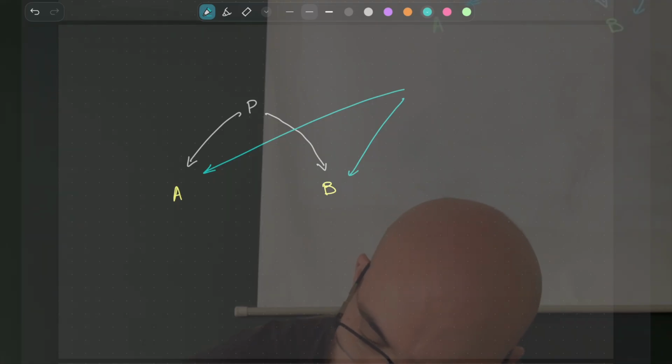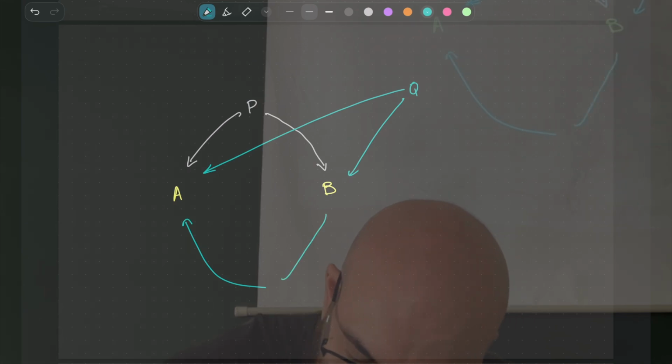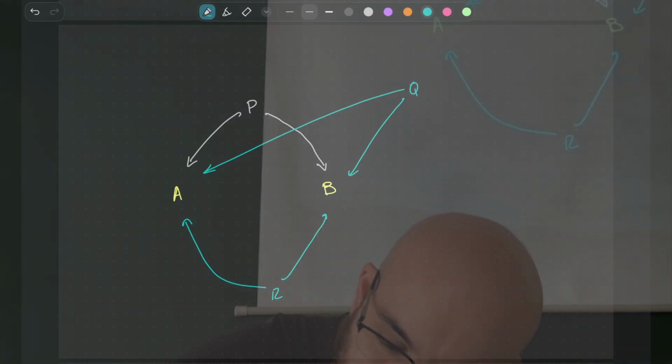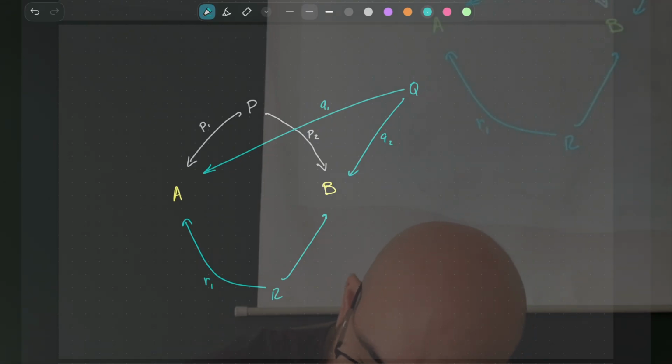I don't know, Q. Here's another object. And this also comes with, okay, let's call this P1, P2, and this may be Q1, Q2. And this is like R1, R2.